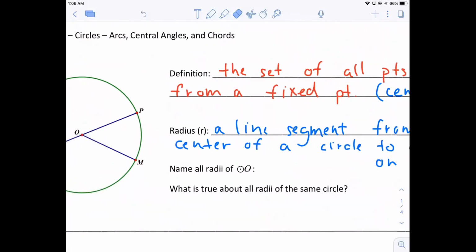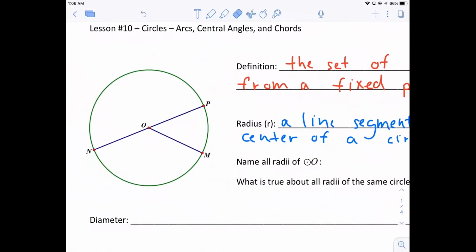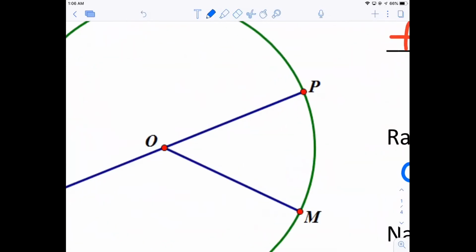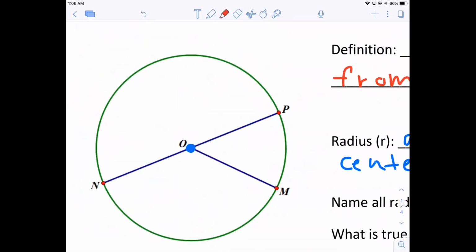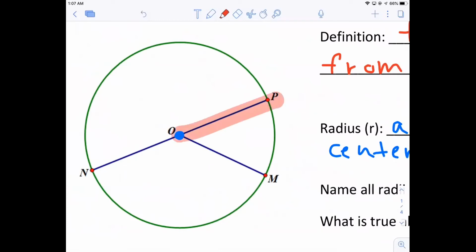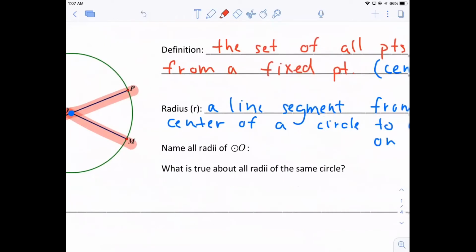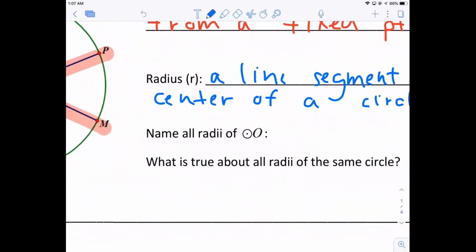Right, so let's name all the radii of circle O here. If I name the circle circle O, that means O is the center of the circle. So someone give me a radius. All right, OP, good. OM, yes, and ON. Very simple stuff.